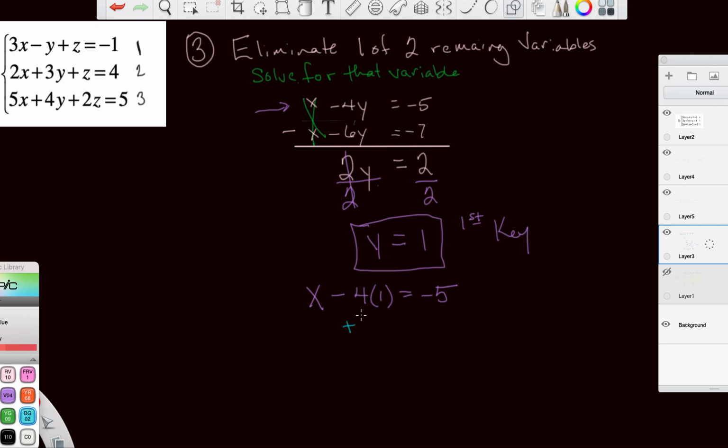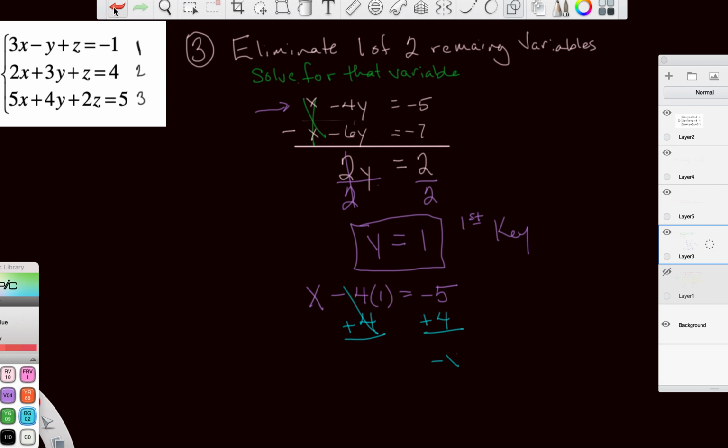So add 4. You didn't really have to have me do that, did you? Okay. So, minus 4 plus 4, that goes away. And then negative 5 plus 4 is negative 1.